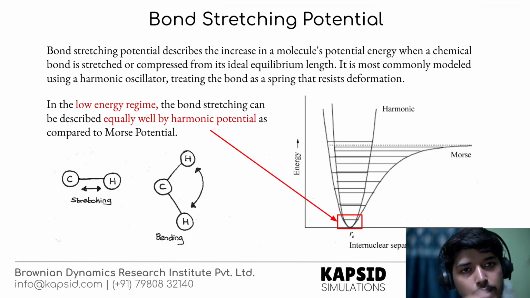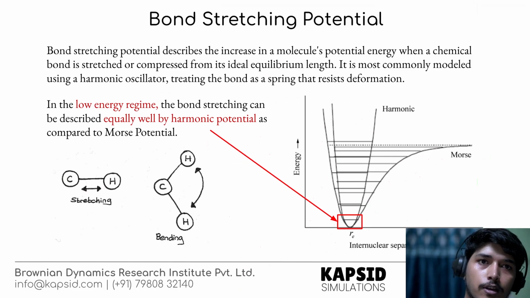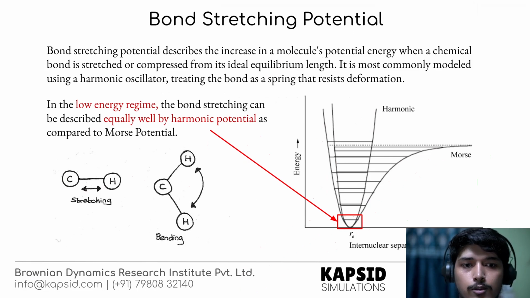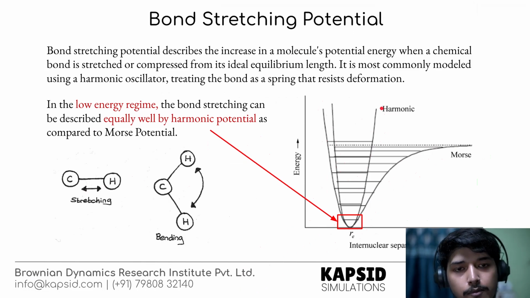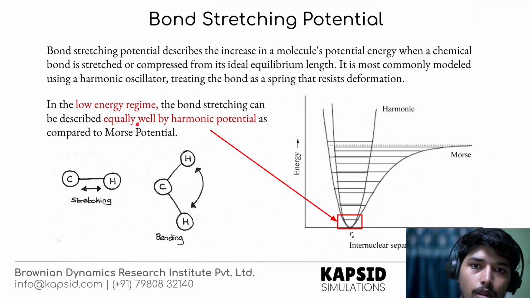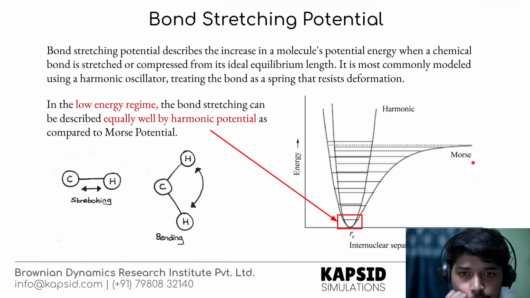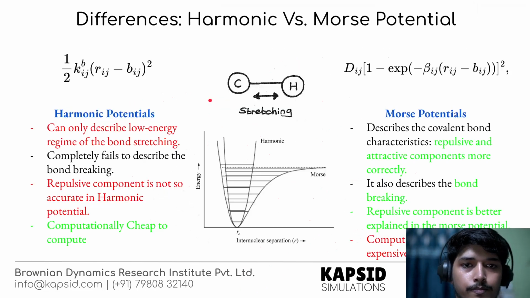As I've said in previous discussions, everything is just guesswork and approximations. So this is another approximation that we take, because it's computationally cheap to compute harmonic potentials, but that comes with certain problems that we will discuss just after this. The good part is that in the low energy regime, we have a pretty similar curve for the harmonic potential and the Morse potential.